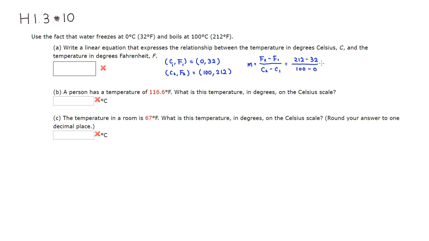So what you get is 212 minus 32, which is 180, over 100.